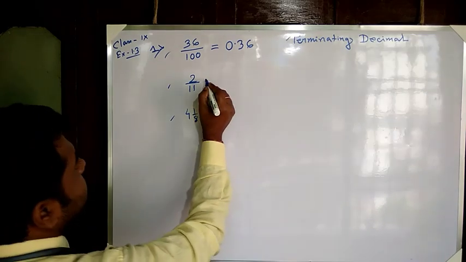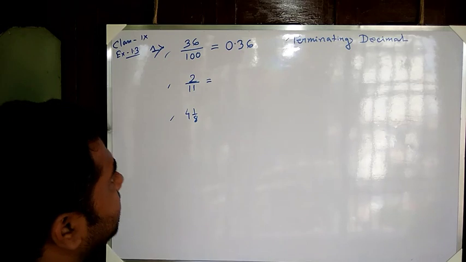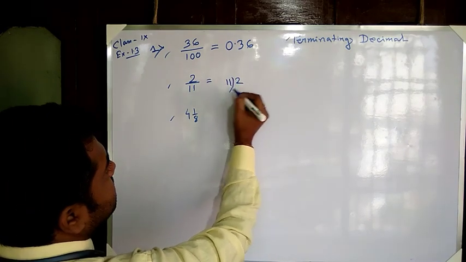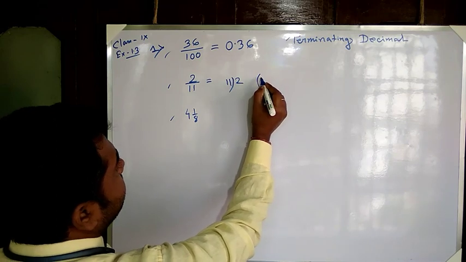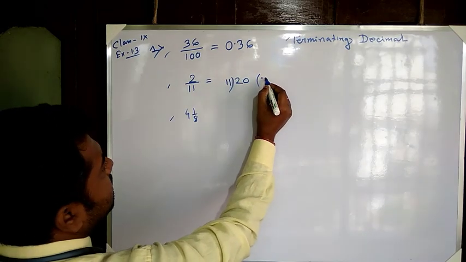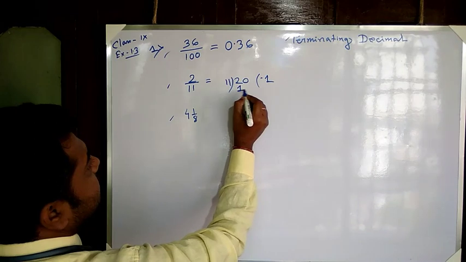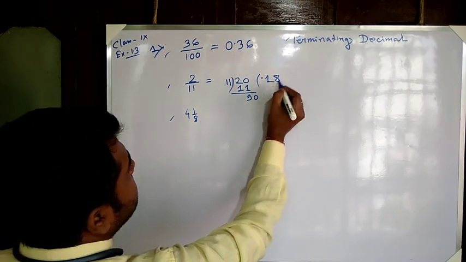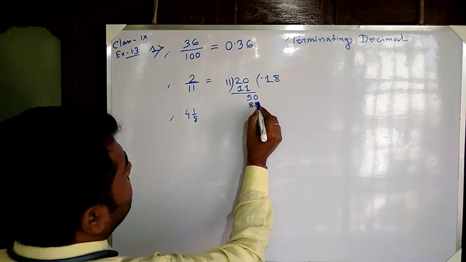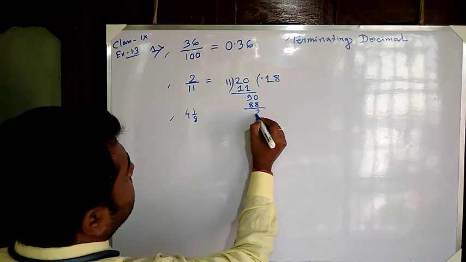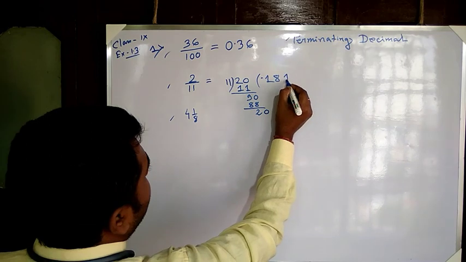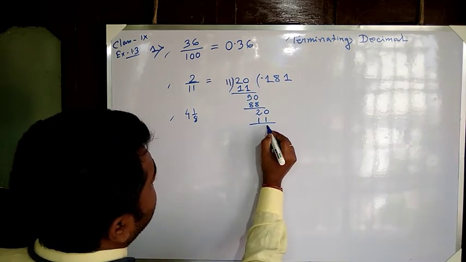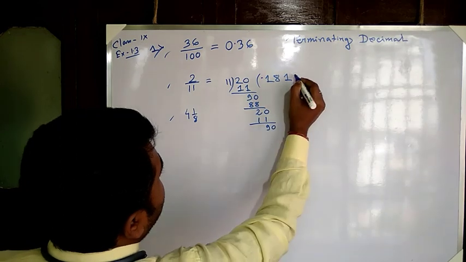Now I will show you 2 by 11. So divide 2 by 11. 0 here, 11 ones are 11, 90, 11 eights are 88, 2, 0, again 11 ones are 11, 9, 0, 18.